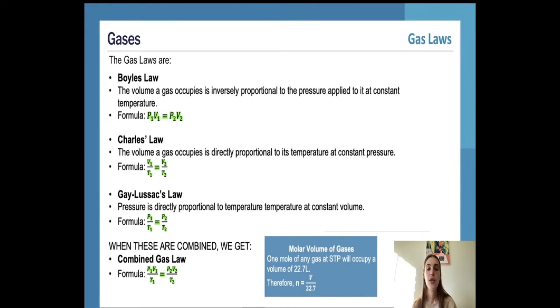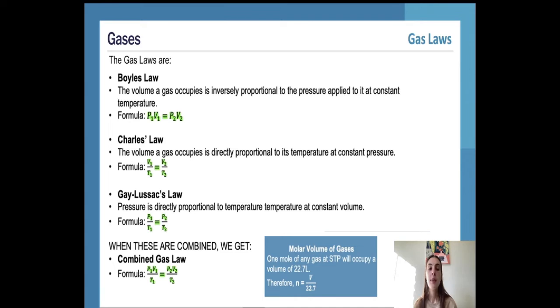Another important thing we want to note is the molar volume of gases. This is because 1 mole of gas at standard temperature and pressure, so STP conditions, will occupy a volume of 22.7 litres. And so this will always occur regardless of anything other than the fact that it must be at standard temperature and pressure.